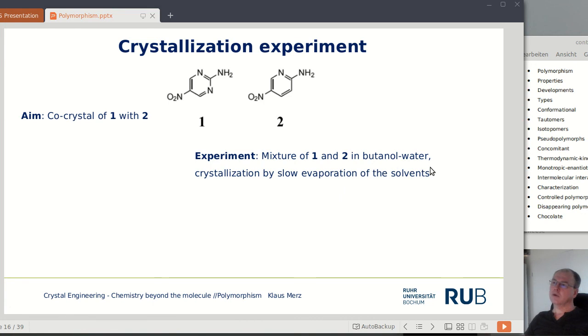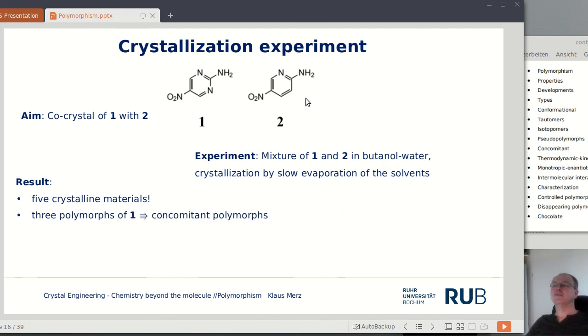Well, question to you, what do you think the result was? Once again, you take both compounds, dissolve them in butanol-water, and then slowly evaporate, in an open tube, for example. What happens? The result, for me, is amazing: you will get simultaneously five crystalline materials.